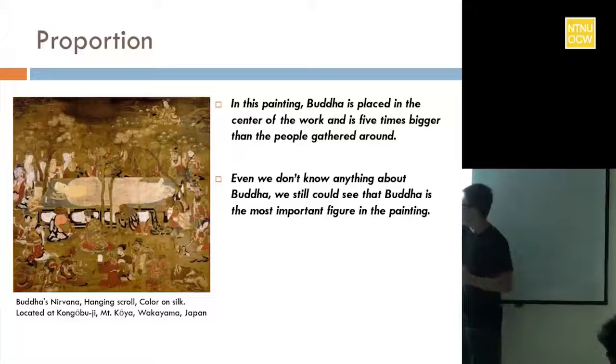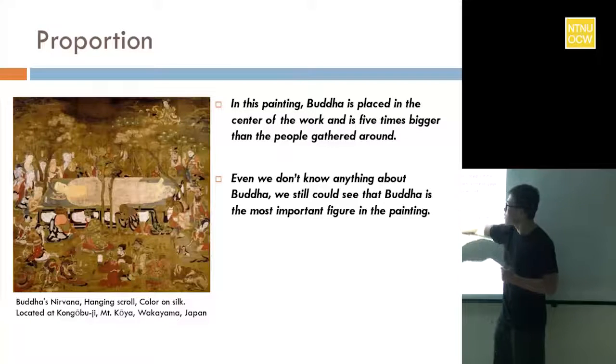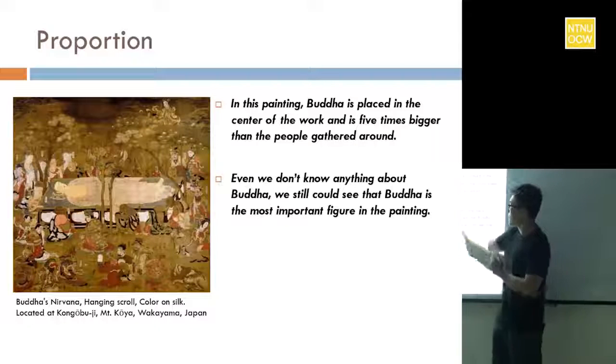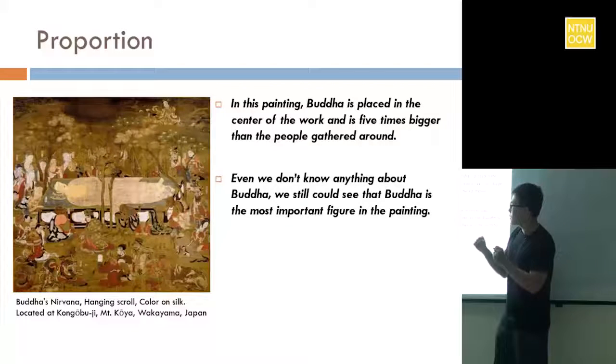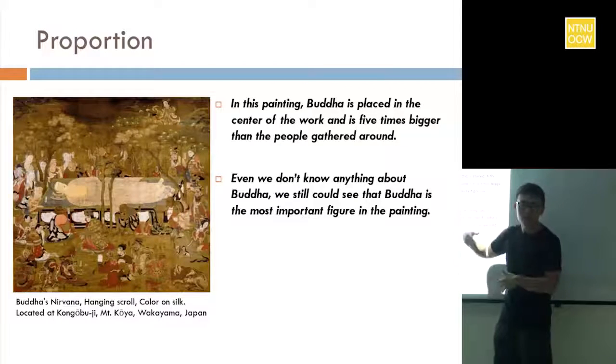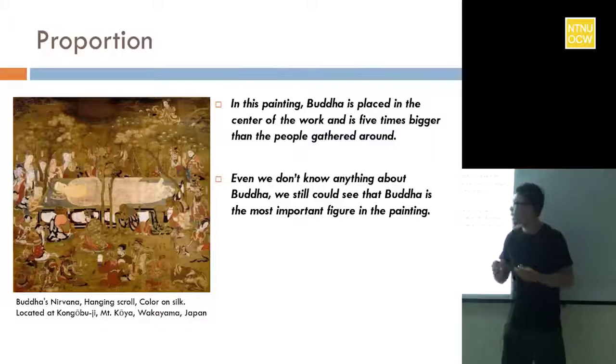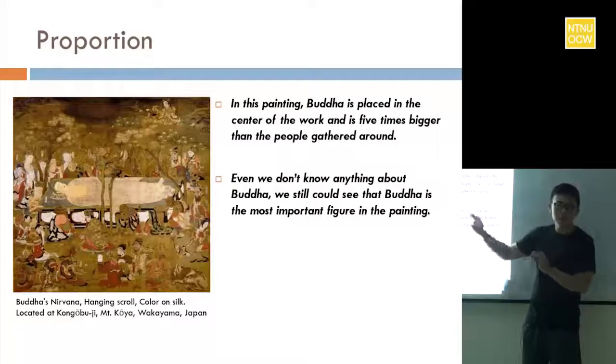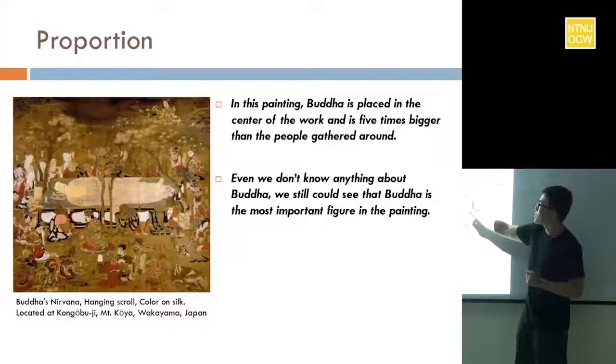This is also a great example that shows the artist tries to emphasize the object in this painting. So we can easily see that the Buddha is the most important object in this painting, and uses the method of proportion.